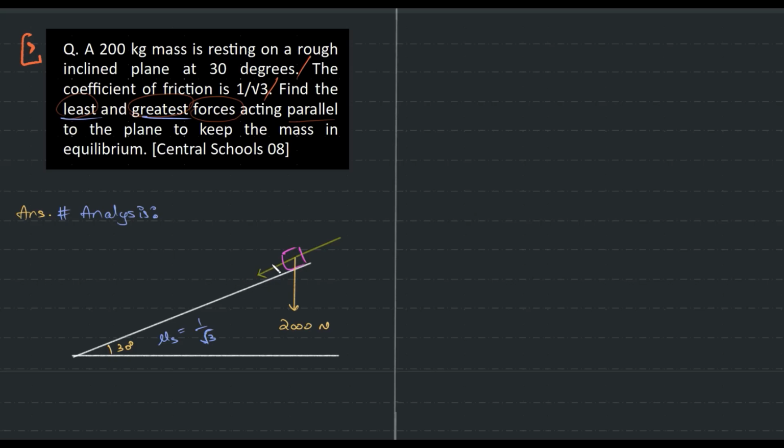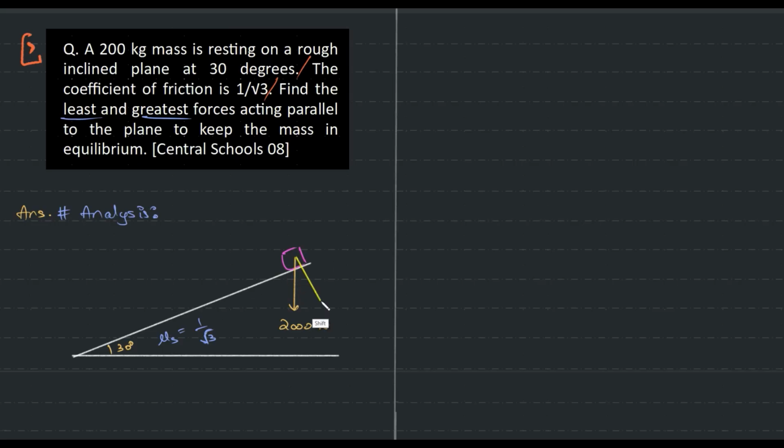A bit of pull, and it'll start sliding down. For me to push it up, this has to be maximum. It's not only that I'm pulling against friction, I'm also pulling the weight. So this will be the maximum scenario. That should be commonsensical to you guys.